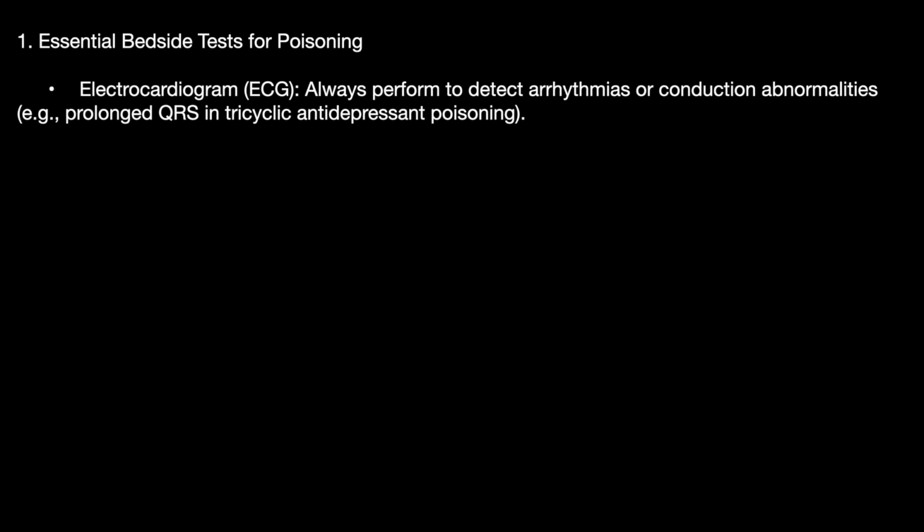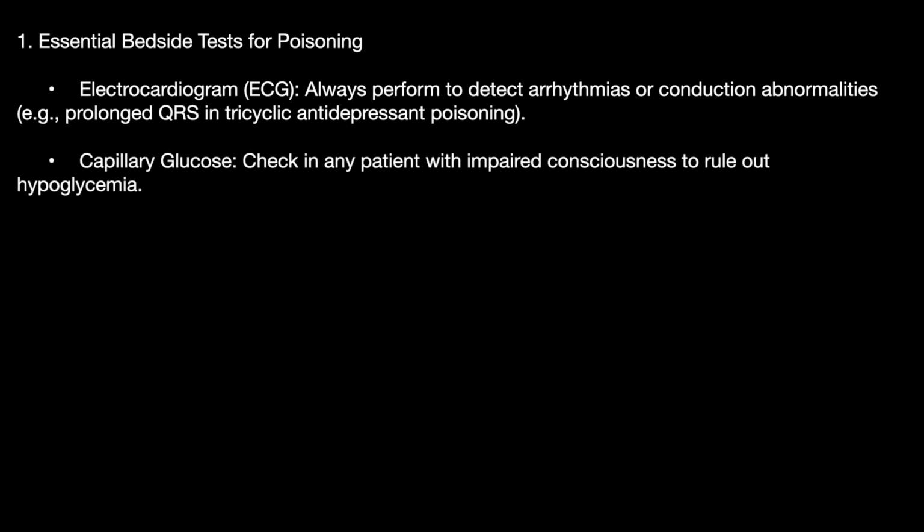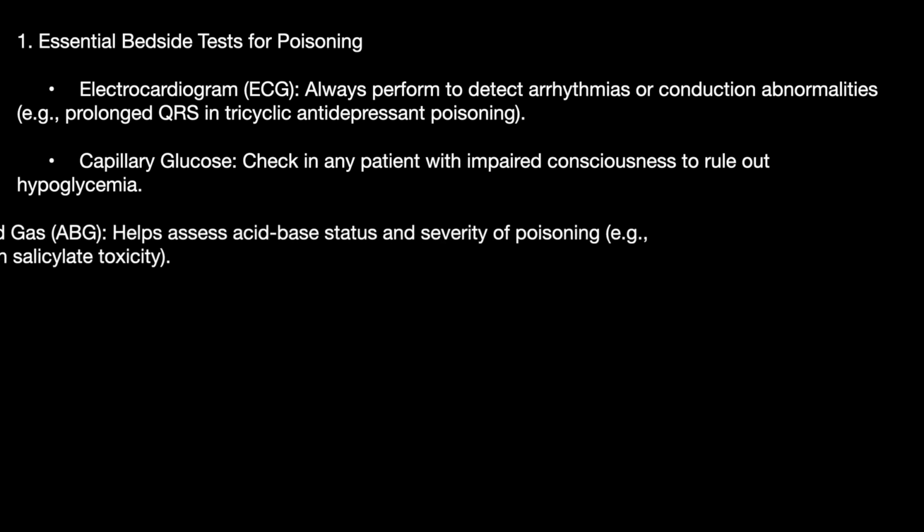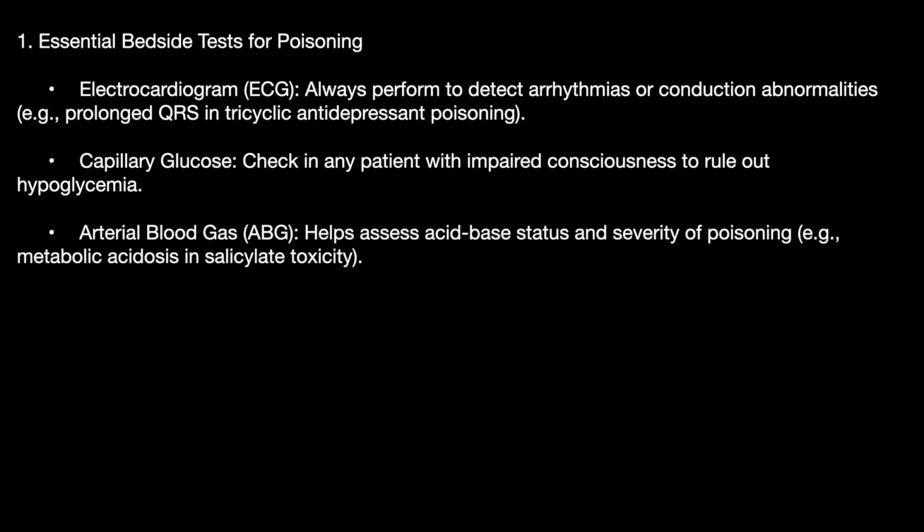Always perform it to detect arrhythmias and conduction abnormalities, as for example, with tricyclic antidepressants you will find a prolonged QRS. Capillary glucose, again an important point: check in any patient with impaired consciousness to rule out hypoglycemia. As a matter of fact, it should be checked in all unconscious patients. ABG again gives us very vital information regarding the toxin that could be present.